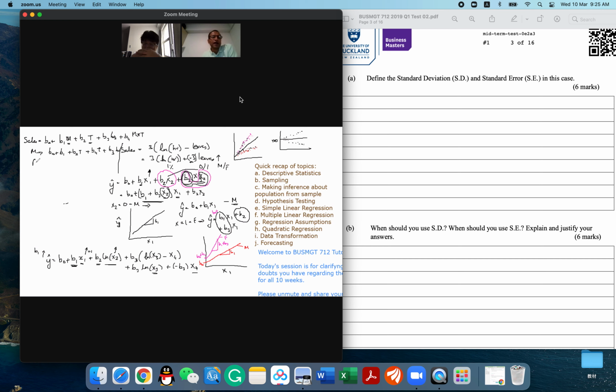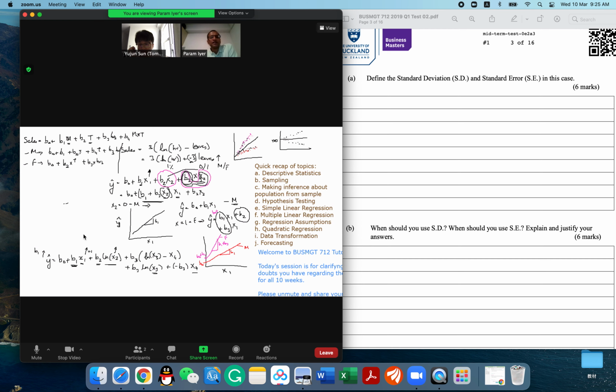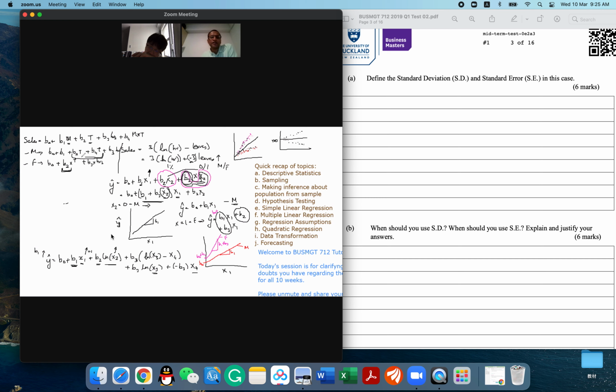Now on the other hand, if it happens to be a female, then I will simply have B0, then this term goes away because my male is 0 and this term also goes away. So I would simply have this plus B2 times training plus B3 times hours. So this is the model for male versus female. Now what this is telling us is that for female, if training is provided, this is the impact, whereas for male, if training is provided, this is the impact. Do you see the difference?